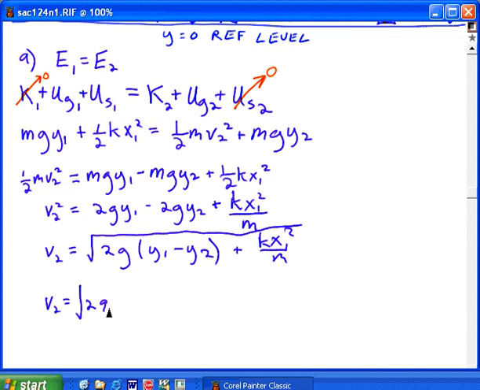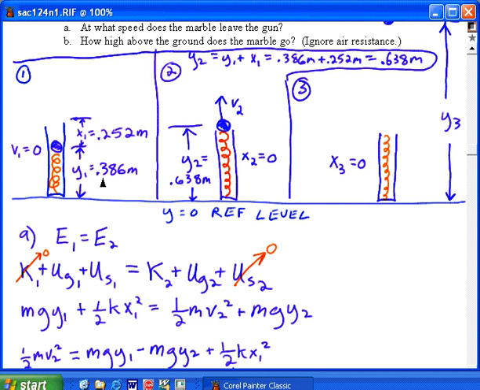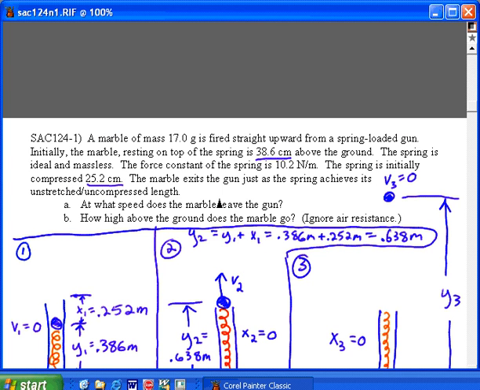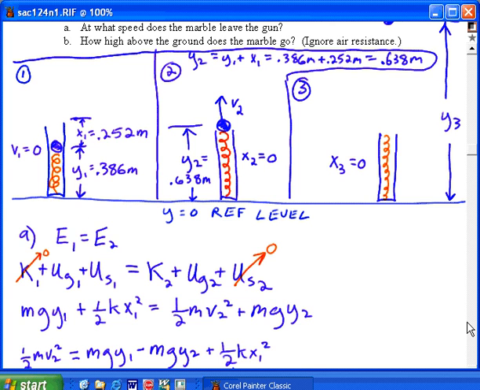2 times 9.80 newtons per kilogram is our gravitational force constant, times y1 minus y2. That's 0.386 meters minus 0.638 meters. Plus the spring constant, or the force constant for the spring, given as 10.2 newtons per meter.